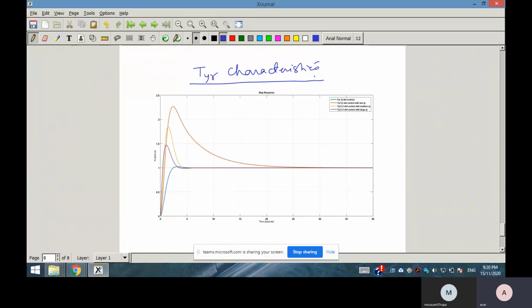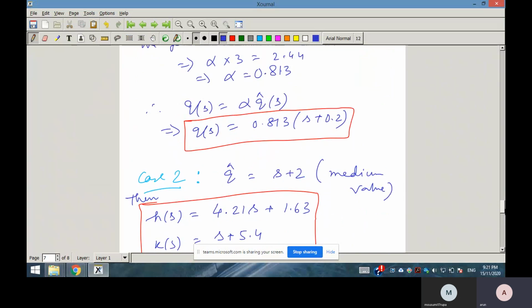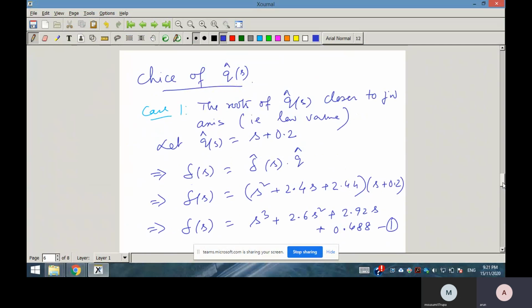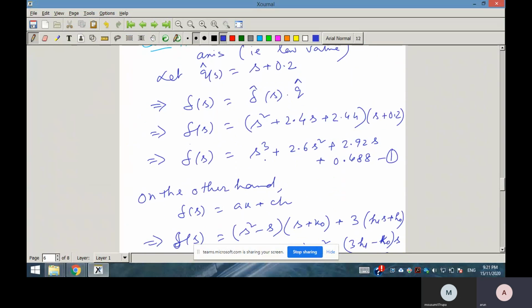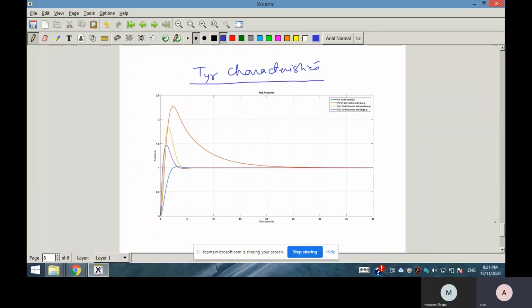So now you can see, here this one is for 2 degree of freedom. It is a very nice response. Now if I use the same H and Q, that means if I choose the same closed loop pole polynomial and then obtain the 2 degree of freedom input output response, then you will see these three.